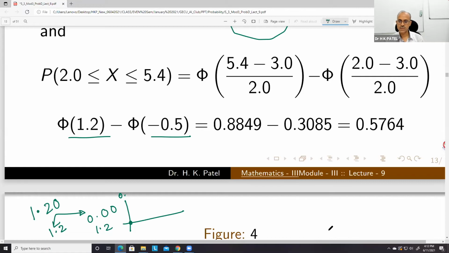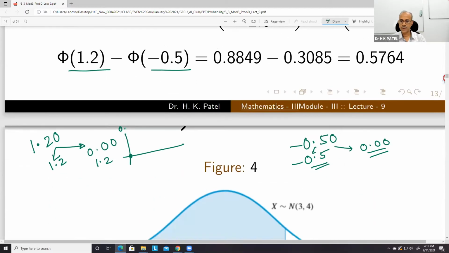Again, this is minus 0.5, up to 2 places. So this 0.5 is one part, and the second part will be 0.00. So in this way, you can search the value in the normal table.